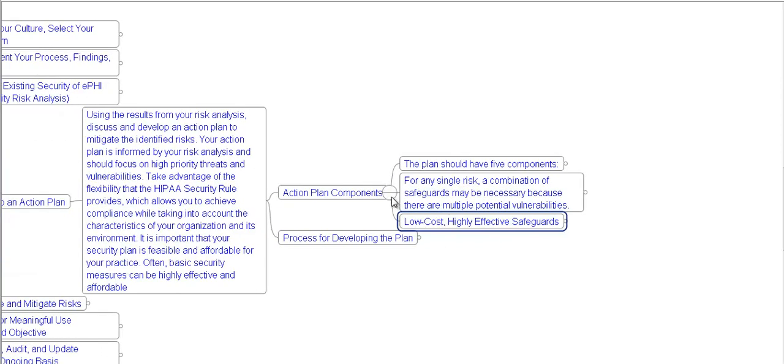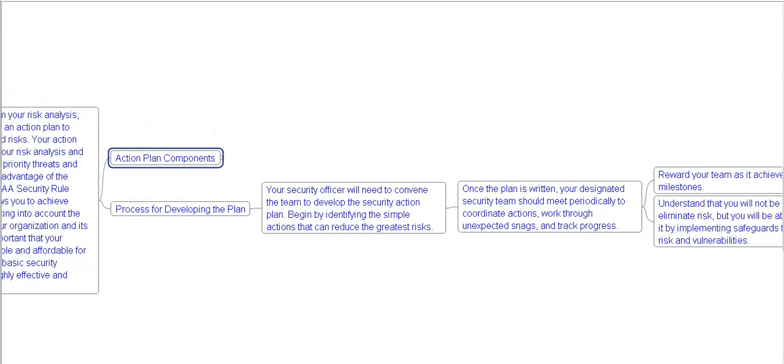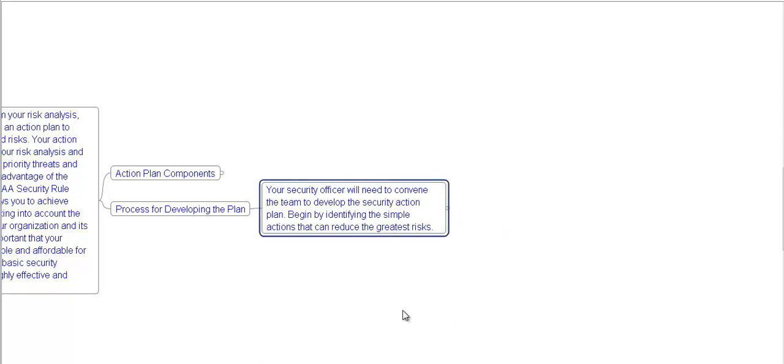Processes for developing the plan. Your security officer will need to convene the team to develop the security action plan. Begin by identifying the simple actions that can reduce the greatest risk.